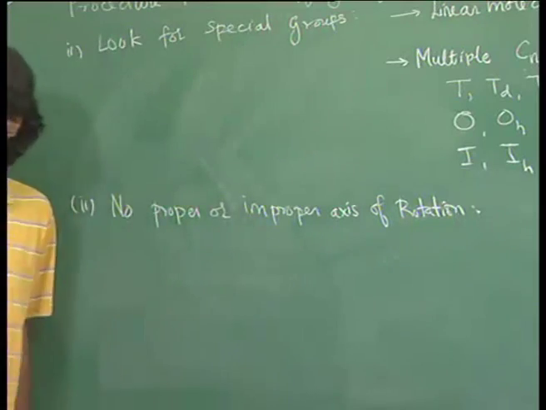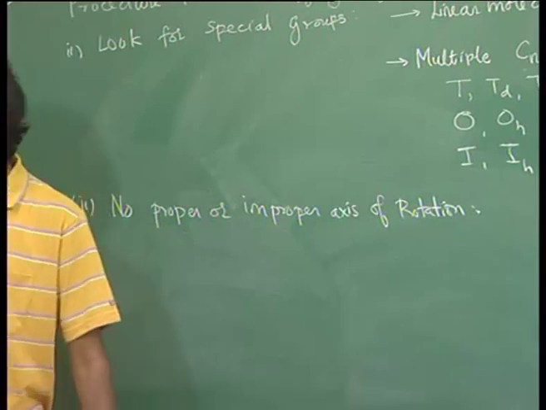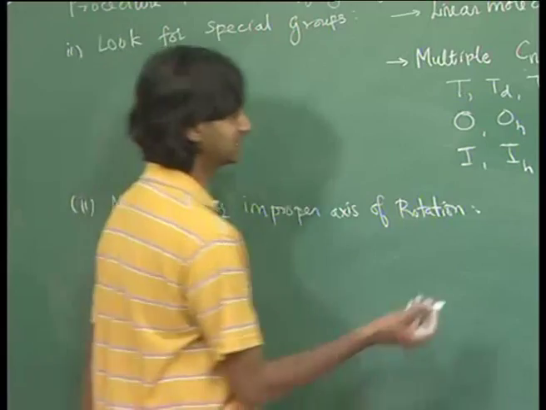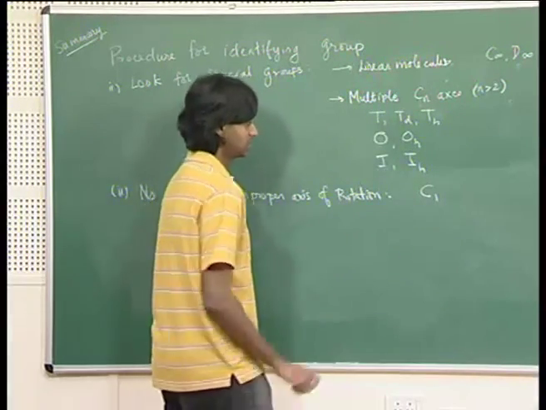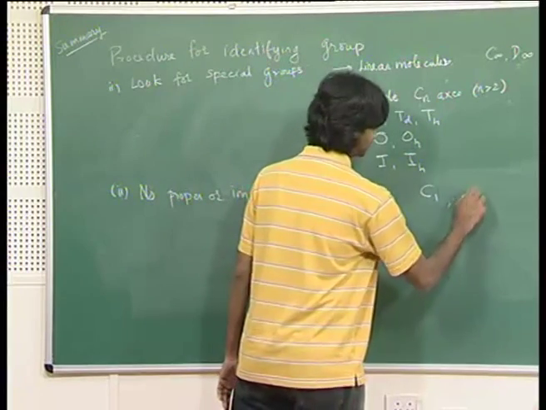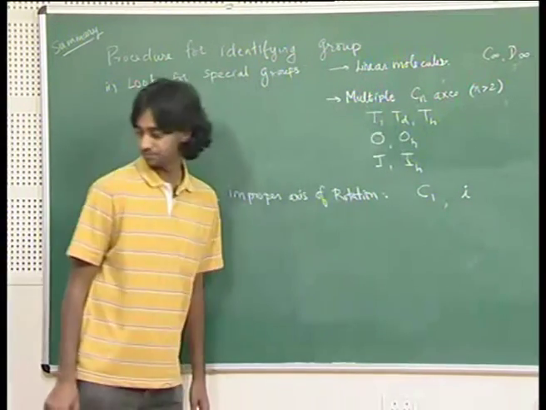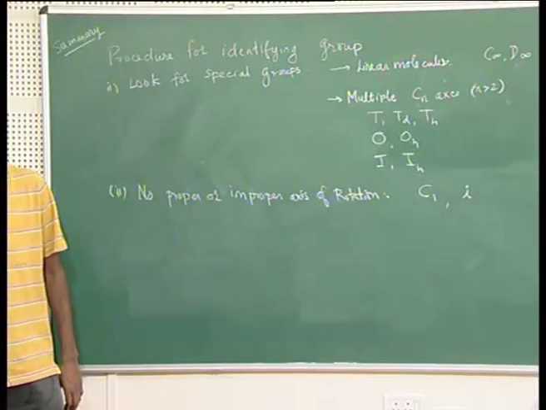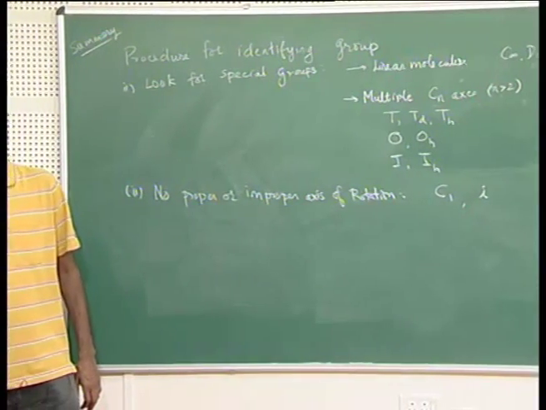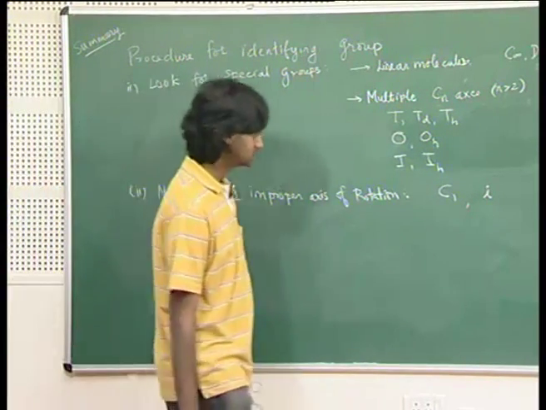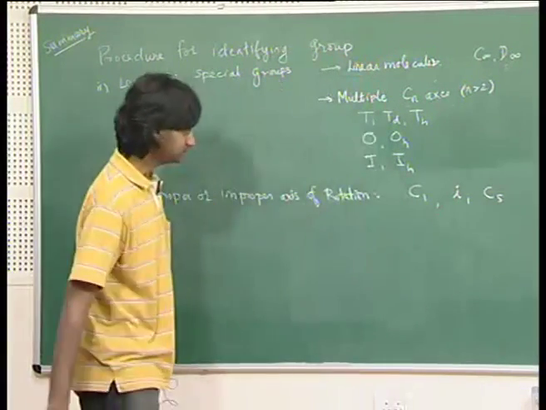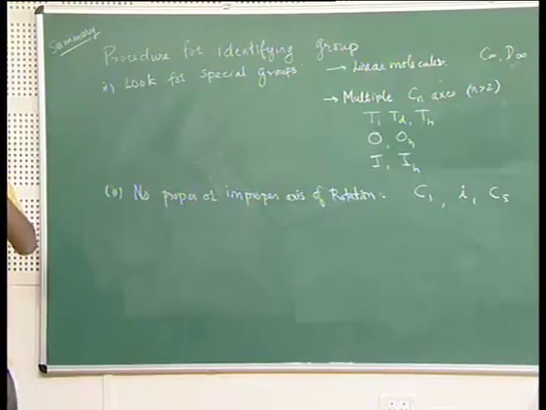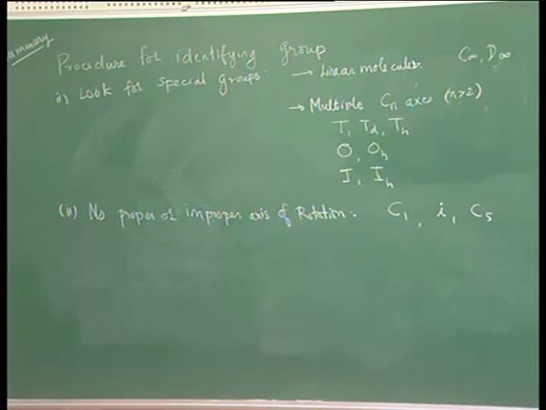If a molecule does not have any proper or improper axis of rotation, then it will be either a totally asymmetric molecule, that is C1, or it can be a molecule with a center of inversion, or it can be a Cs, which just has a mirror plane.